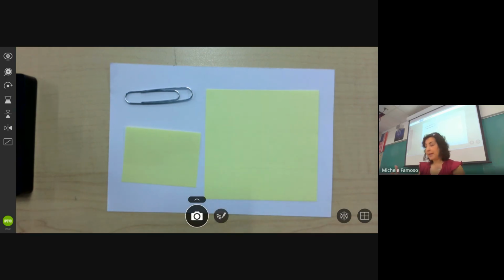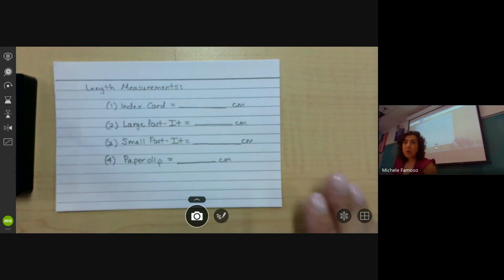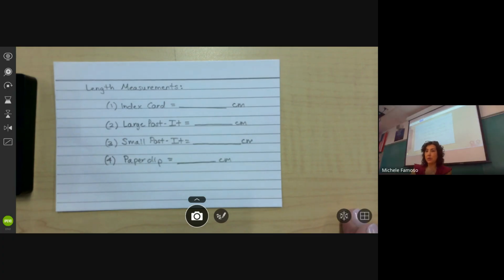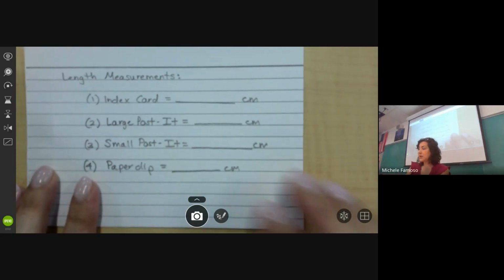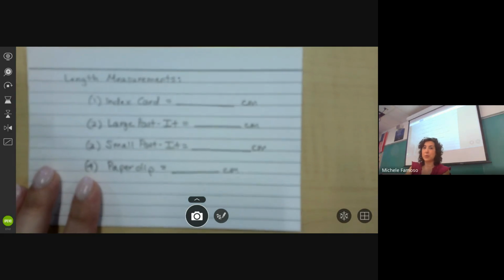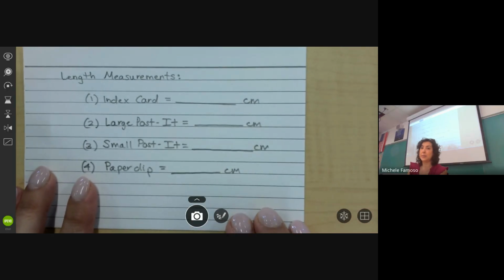Okay? On the back of the index card, here's what I'd like you to do. I've written this down 3 times today. Instead of rewriting it, I'm going to do this. You are going to measure the length with your ruler of those 4 items. On the back of the index card is where you can record those measurements for the lengths in centimeters.